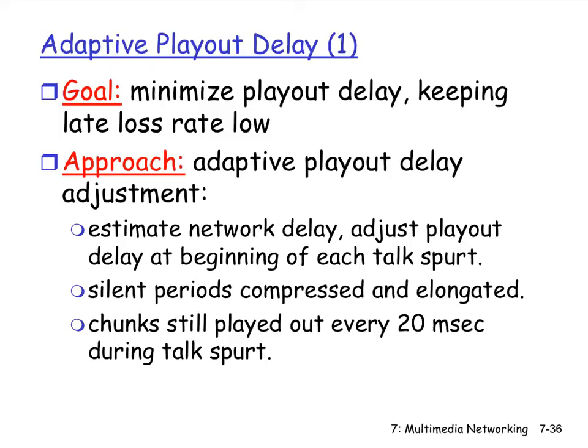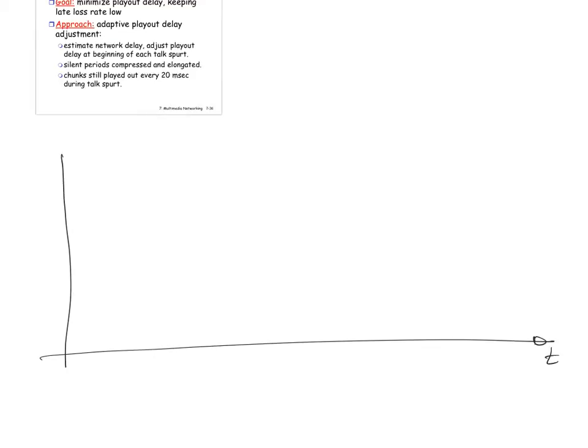So what typically happens is that the conversation happens as follows. So this is the time horizon. So we start from 0. So we generate audio content like this. And then after some time, I stop, right?